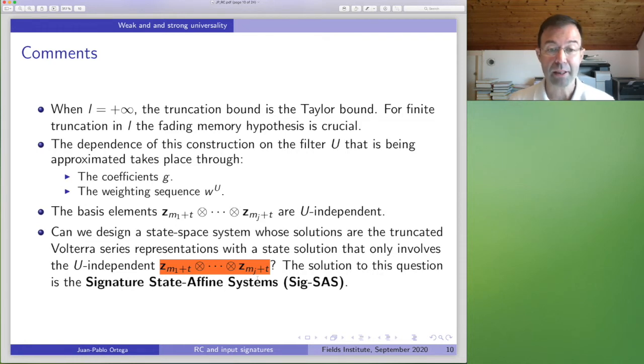And then state affine system because it will belong to this family of non-homogeneous state affine systems that Grigorio and I proved are universal in the fading memory setup a couple of years ago. So they do belong to this family.